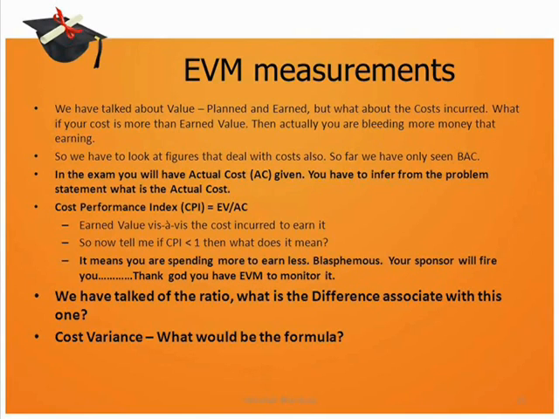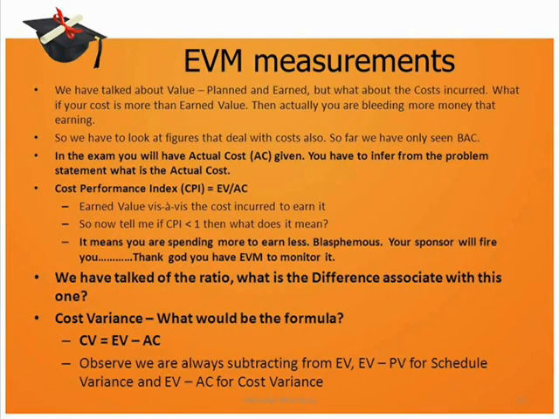So please drive home this fact that in the two ratios and the two differences that we have seen, that is your SPI, CPI, your SV and CV, EV is there in the numerator and EV is the value from which a subtraction happens. In the case of SPI or CPI, EV is the numerator and the denominators change. They are PV for SPI and AC for CPI.